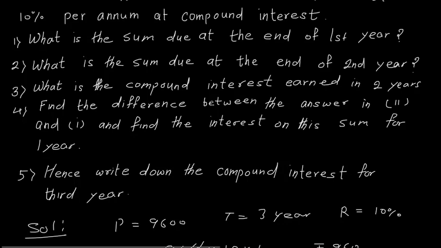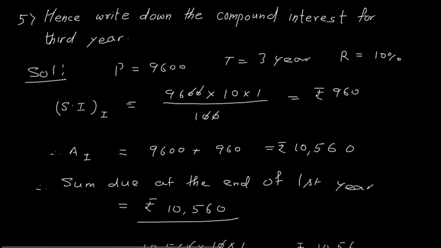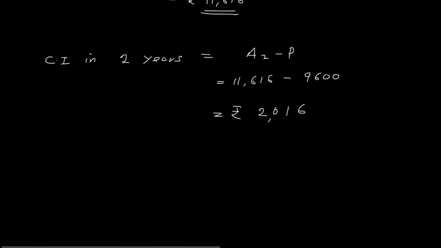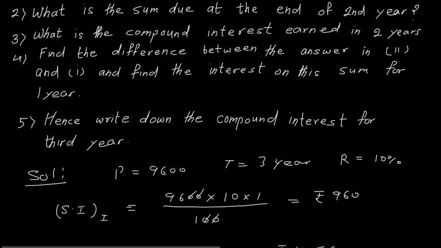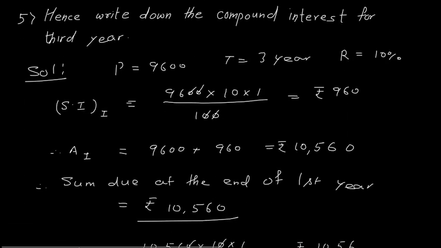And fourth is find the difference between answer in 2 and 1 and find interest on this sum for 1 year. Okay. So the difference of answer 2 and 1. Actually I should write Roman numerals, but here I have written questions as 1, 2, 3 in English numbers.